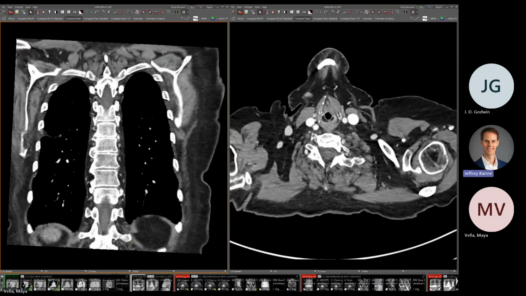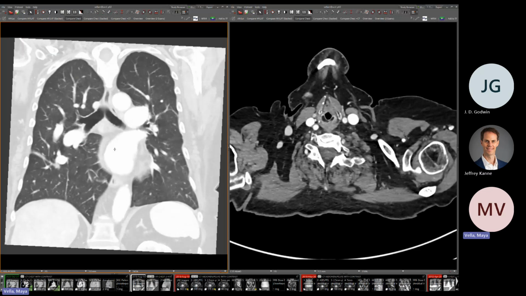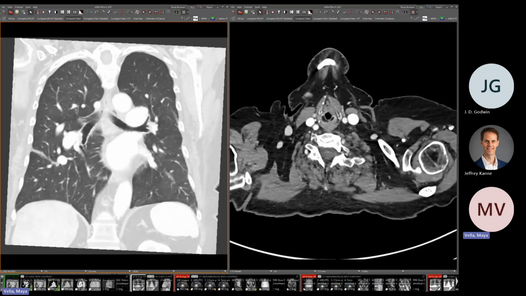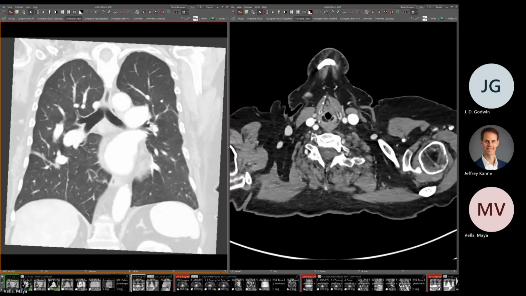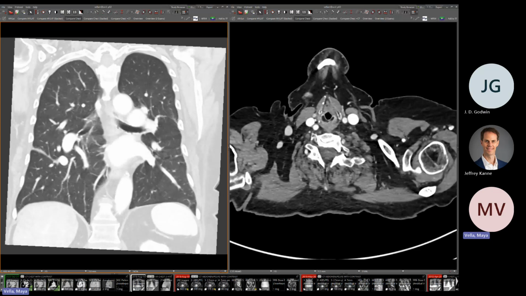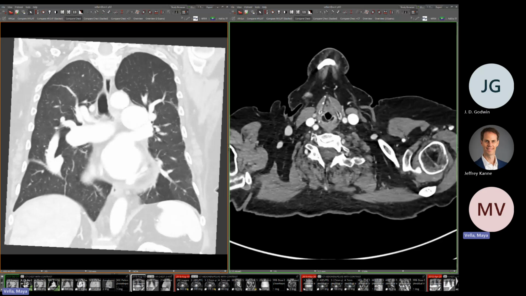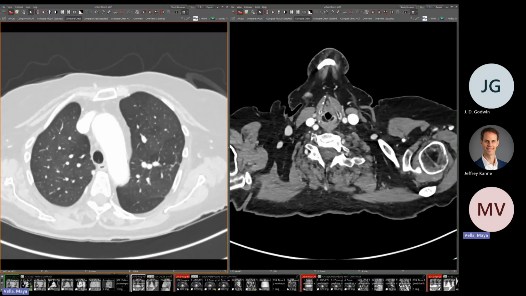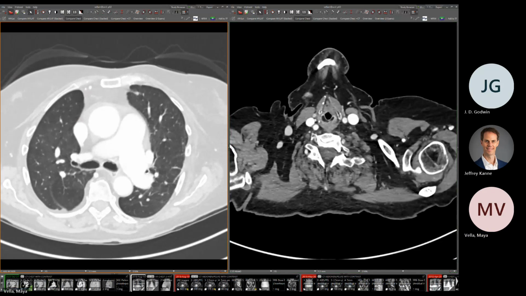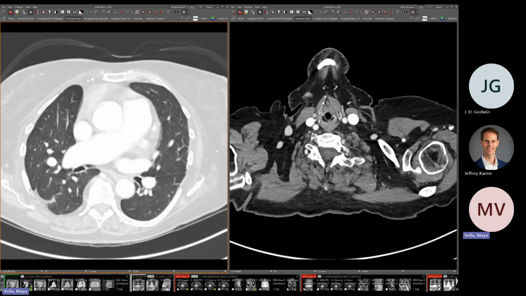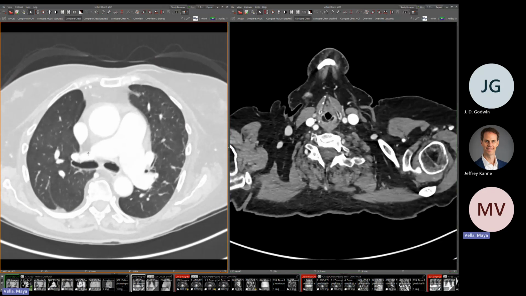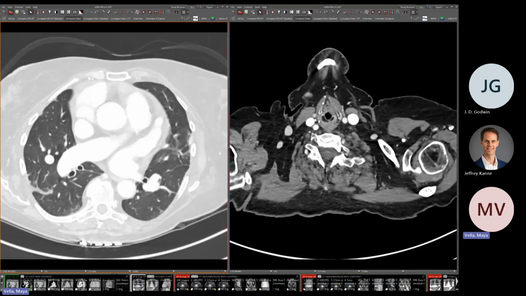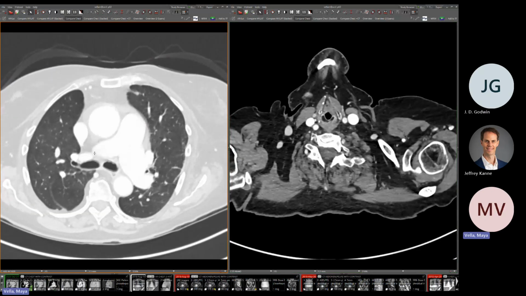So what does their airway anatomy look like? That's a great question. So it does almost look like, I'm going to switch back to axial here, so trachea coming down, it looks like kind of bilateral left branching.